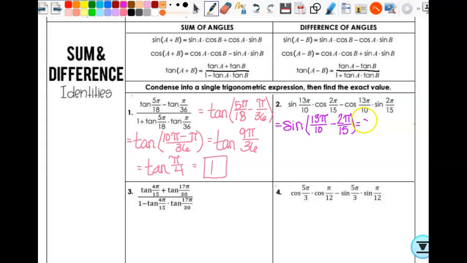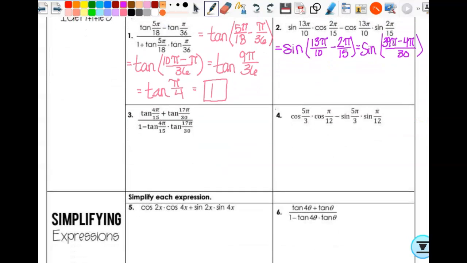What is my common denominator going to be here? 30. So it's going to be the sine of something over 30. So that means this has to get multiplied by 3 over 3. That'll give me 39 pi minus 4 pi. So that is the sine of 35 pi over 30.